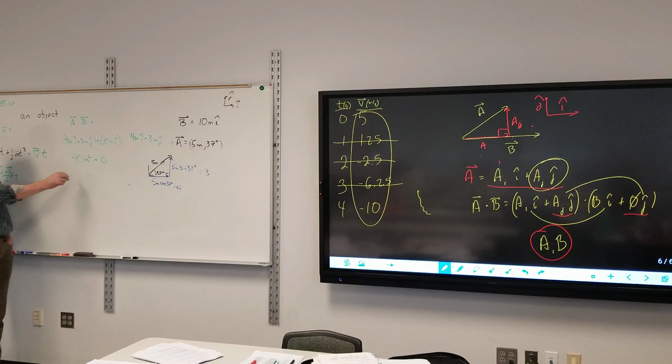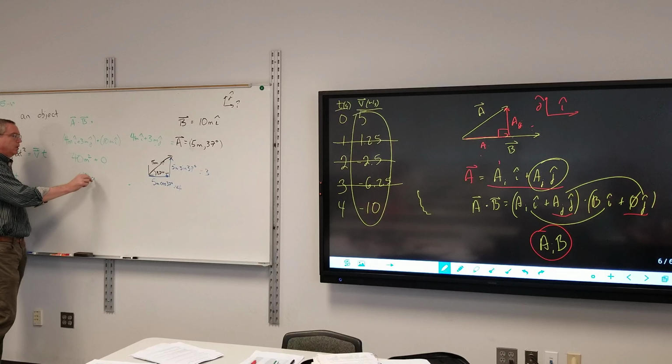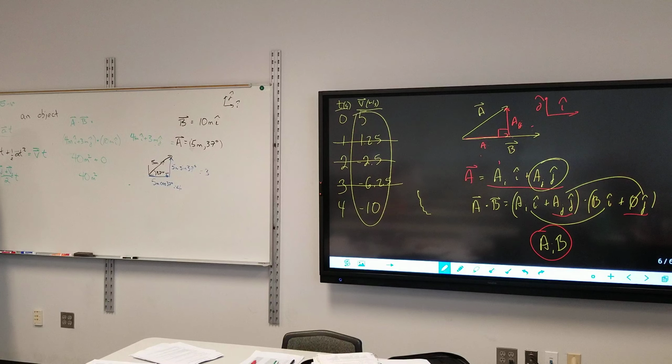So 40 square meters. So you multiplied the 4 I hats and the 10 I hats. Yep. And then the 3 meter j hat, because there's nothing parallel to it in B, it means 0. Yes. Okay, cool.